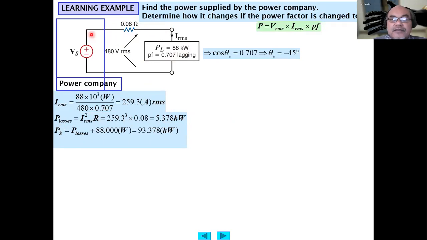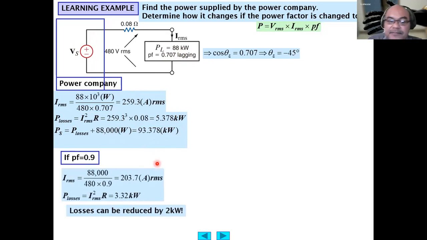So the power of the supply will equal this power loss plus the power of the load, 88 kilowatt, so equals 93.378 kilowatt.